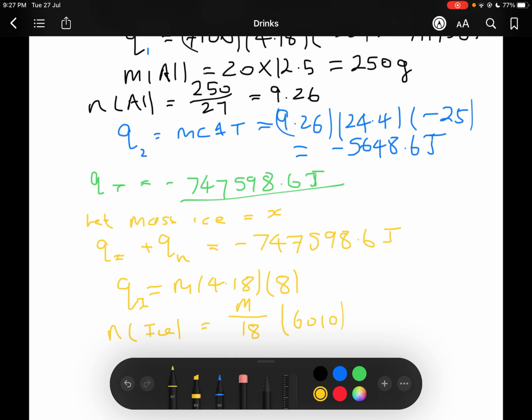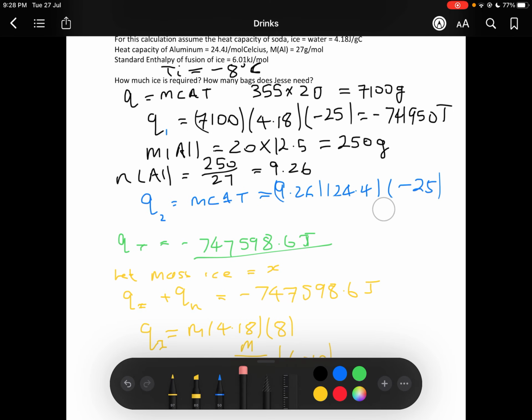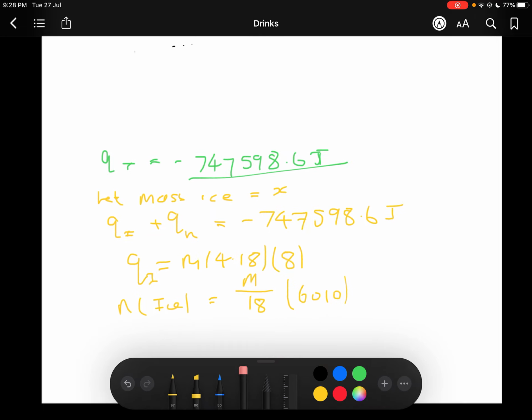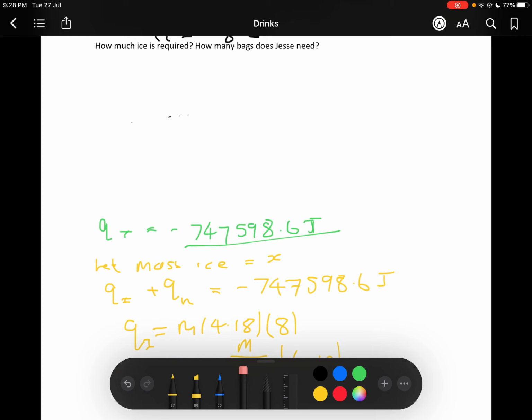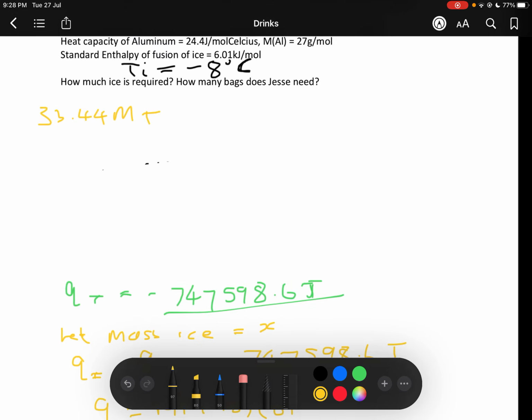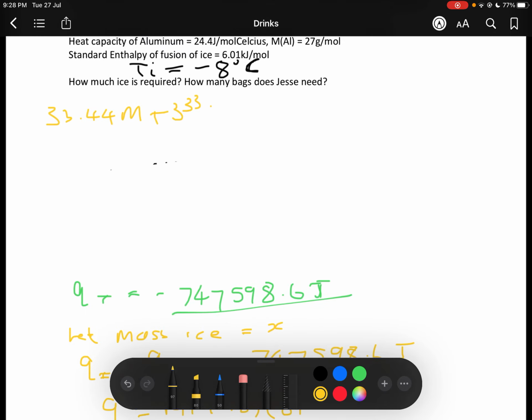All right, so now let's just make a bit more room. Let me just get rid of this top part for now. All right, so we have 4.18 times 8 is 33.44. And that's added together with 333.89.